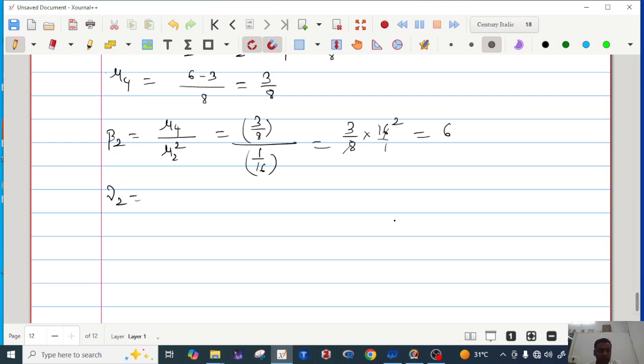Gamma 2 is equal to beta 2 minus 3, which is positive. Therefore, the distribution is leptokurtic.